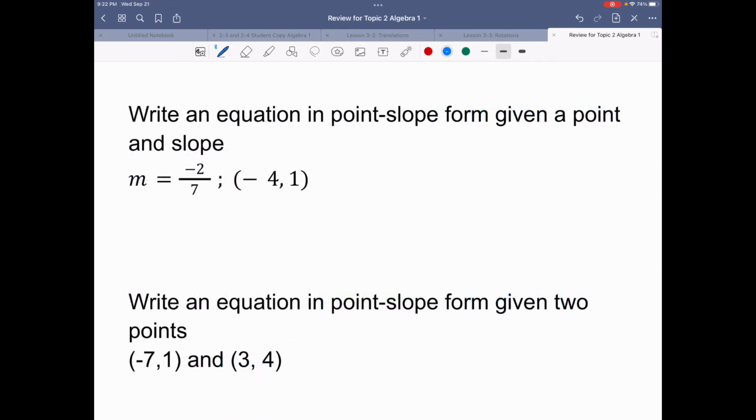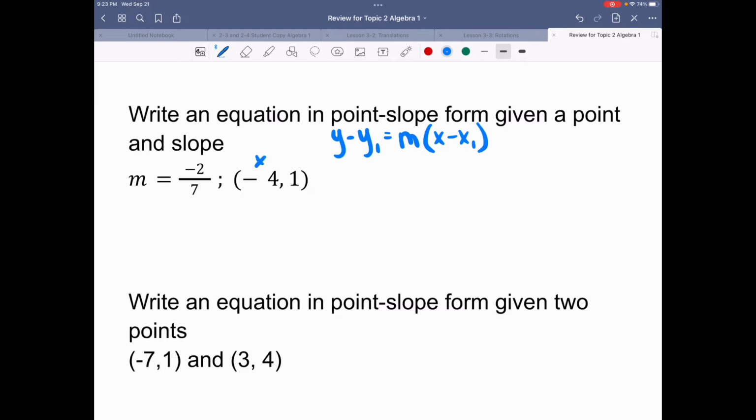For this next problem, we want to write an equation in point-slope form given a point and slope. So the point-slope form, let's practice writing that. Y minus y1 equals m, that's our slope, x minus x1. The reason it's called point-slope form is because we are given a slope and we're given a point, right? So all we have to do is plug in the slope and the point.